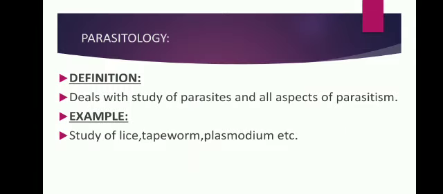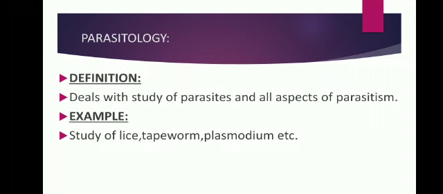The next branch is parasitology. The word parasito comes from the word parasite. Parasites are small organisms that harm other organisms for their benefit. Logy means study, so the study of parasites is known as parasitology. This branch deals with the study of parasites and all aspects of parasitism.